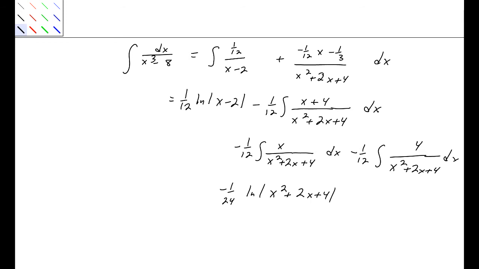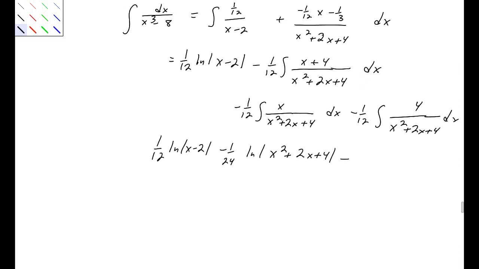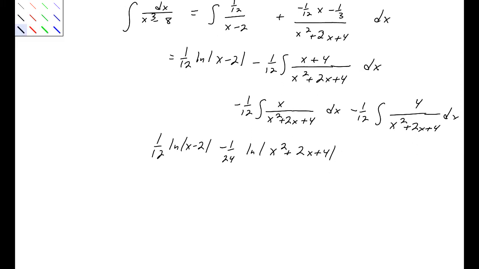Okay, so we have one more step. We have 1/12 natural log x minus 2 minus that term, minus whatever is going to happen there. Now we're going to need to do a little bit more algebra for this one, so I'll leave that alone.